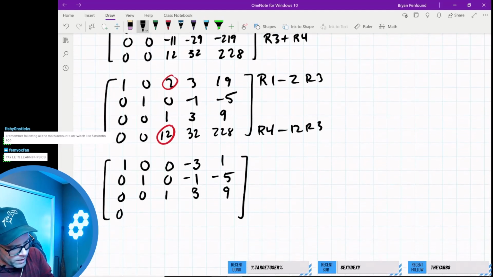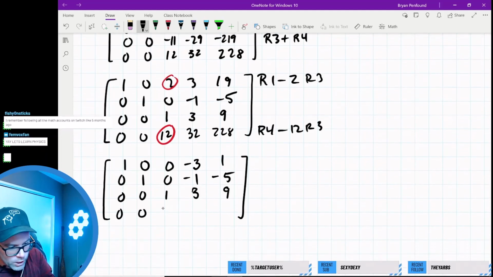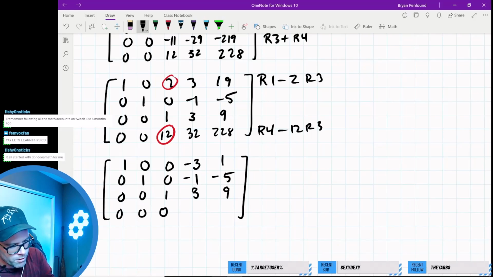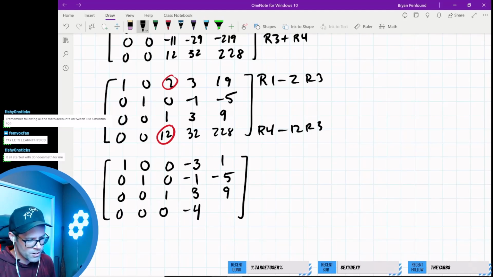In row 4, we're going to have 0, 0, we're going to have 12, take away 12, 32, take away 36, and then 228, take away 12 times 9. It's going to leave us with 120.